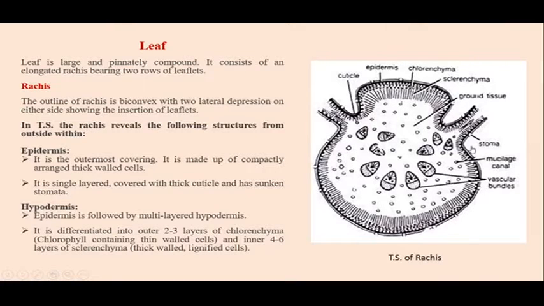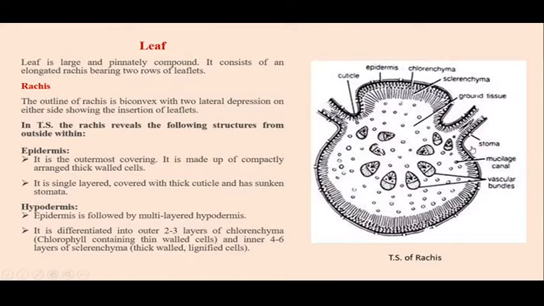Outermost is the epidermis. It is made up of compactly arranged thick walled cells. It is single layered and it is covered with thick cuticle and has sunken stomata. Next is the hypodermis, which is multilayered.